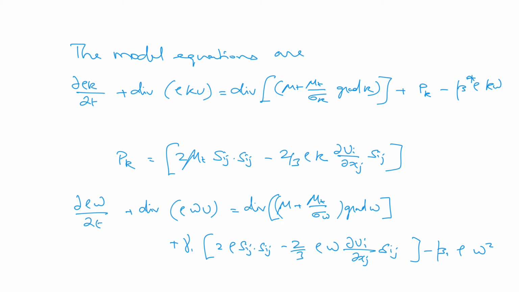So here we will find different constants. Sigma k will be one constant, then sigma omega is another constant, then gamma 1 will be one constant, beta 1 will be one constant, and then beta star will be one constant.